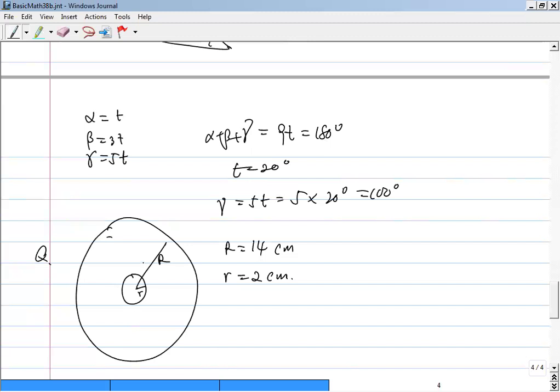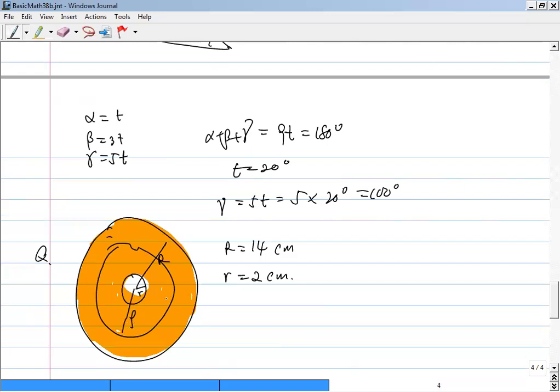Okay, let me put color here. What I'm going to do is draw another circle in the middle, with radius called rho.